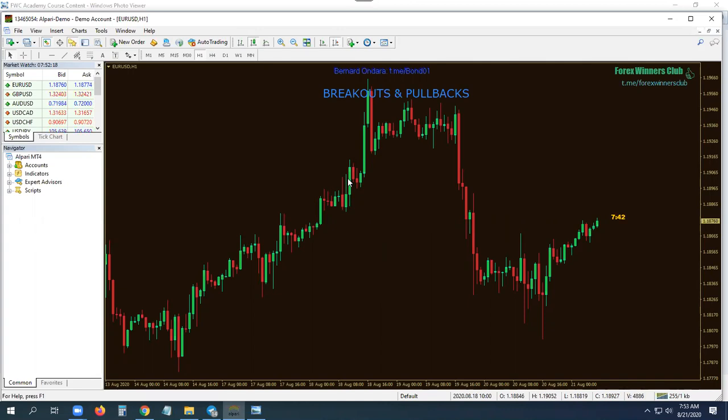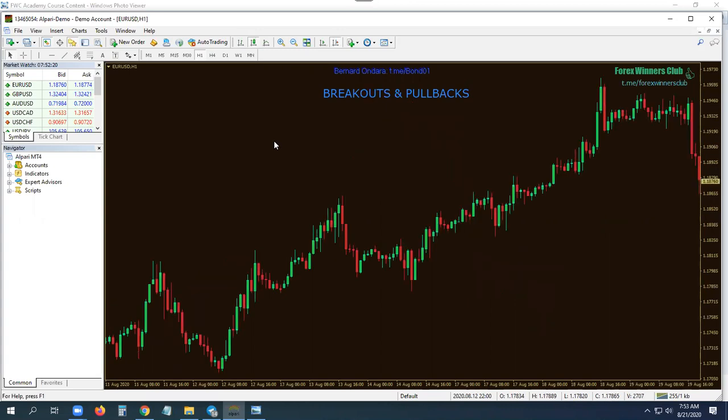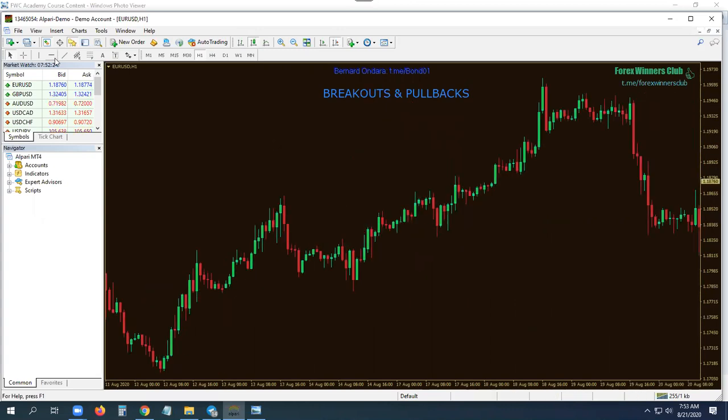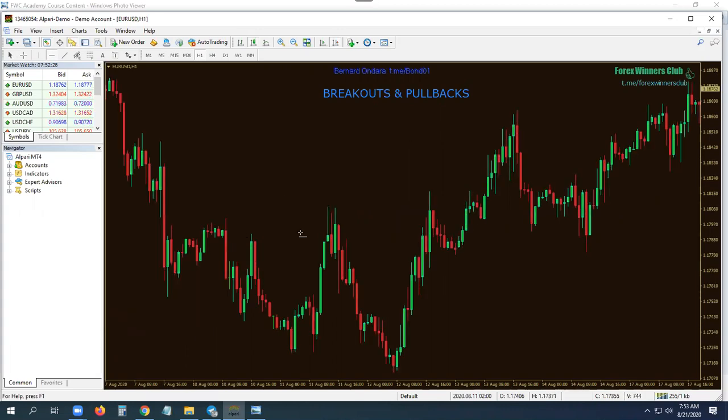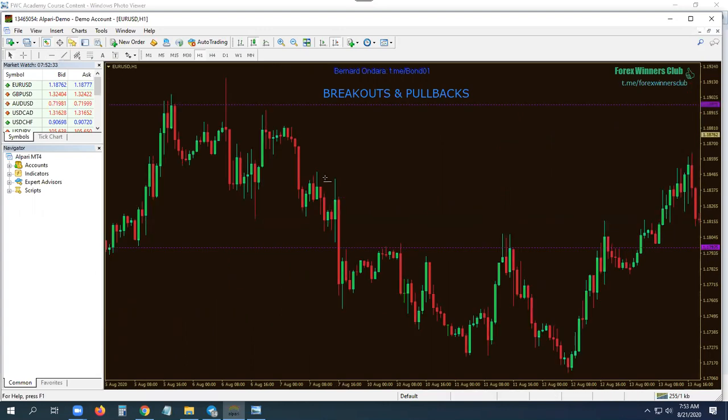Number one, when you have your support and resistance zones, for now let's leave them as levels, when you have your zones or levels drawn on the chart, you will always see price breaking those levels.